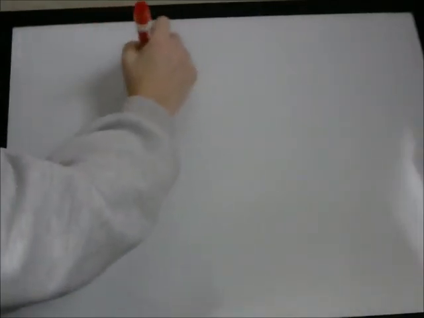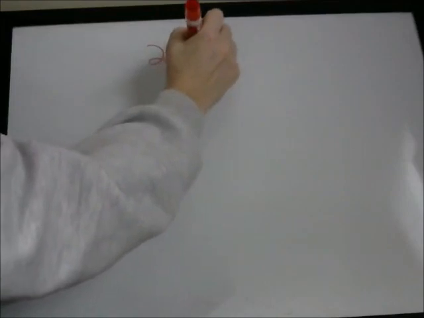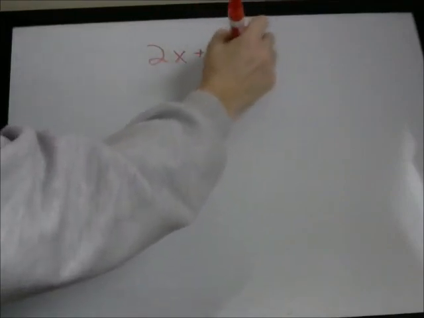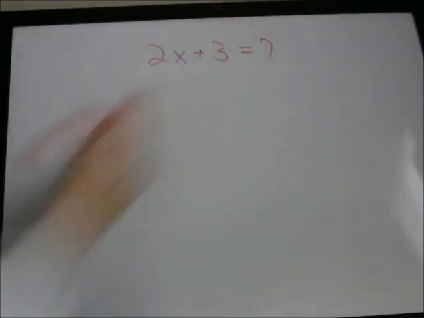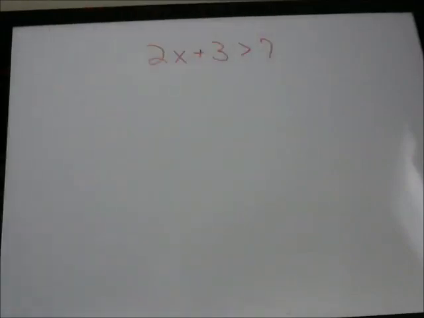For example, if we're given 2x plus 3 is greater than 7, and it says solve for x, we're going to treat this just like any other normal equation, assuming there's an equal sign there. That's how we're going to go about solving this. And again, there are two exceptions when we can't follow that.